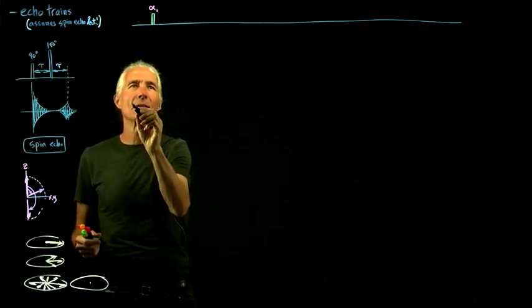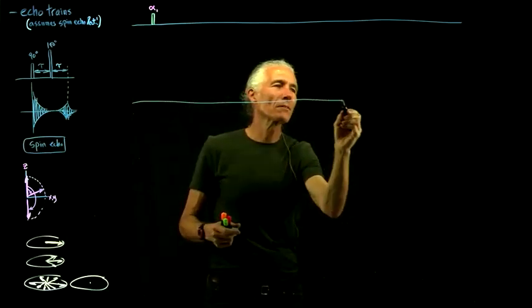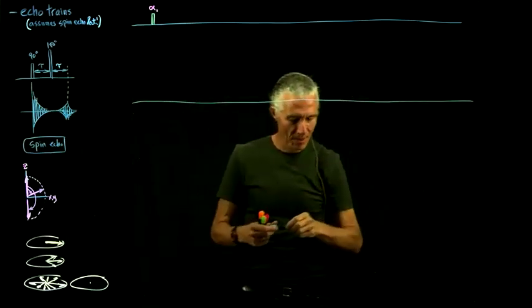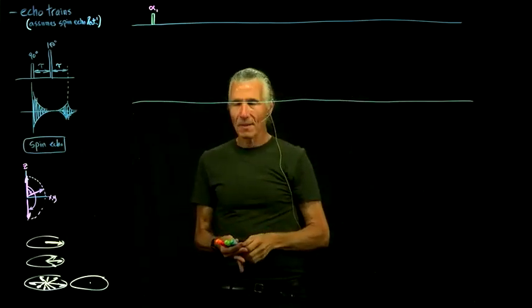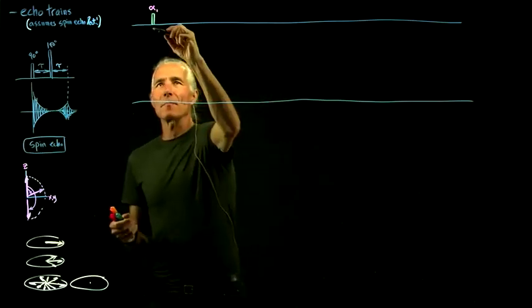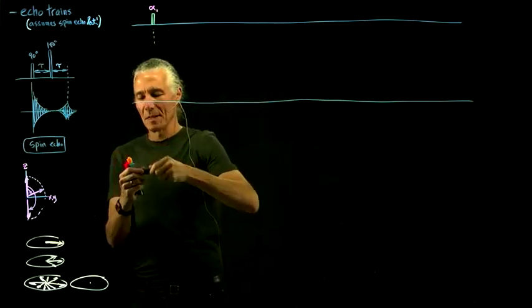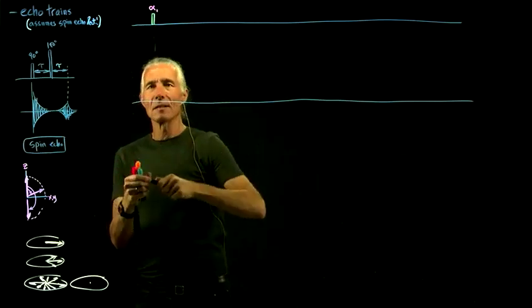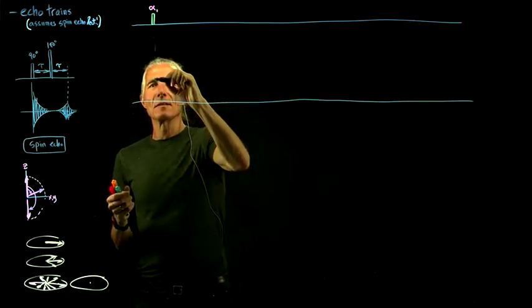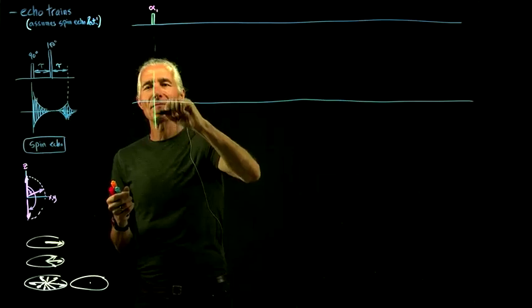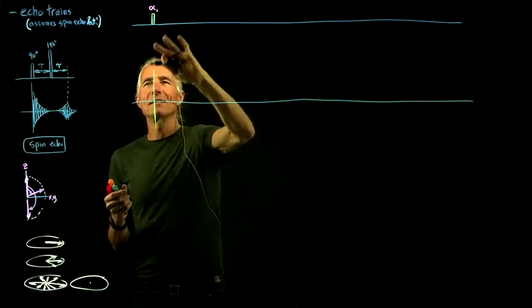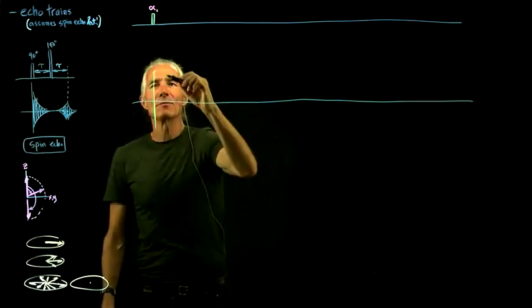And so when we look down here, here's the signal that we're getting out of the sample. That signal is going to be an FID, so it's a T2 star decay.